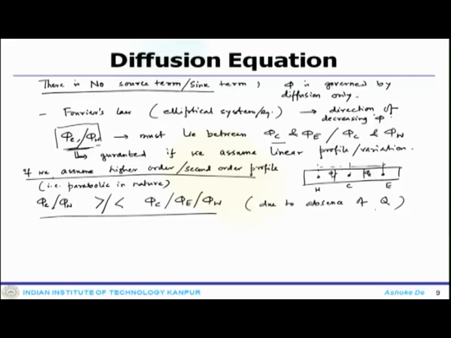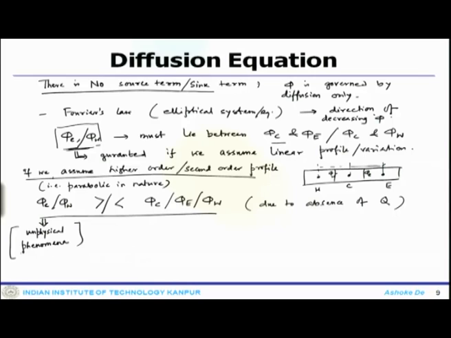Now, if this happens, it is an unphysical phenomenon, which is not at all justifiable.